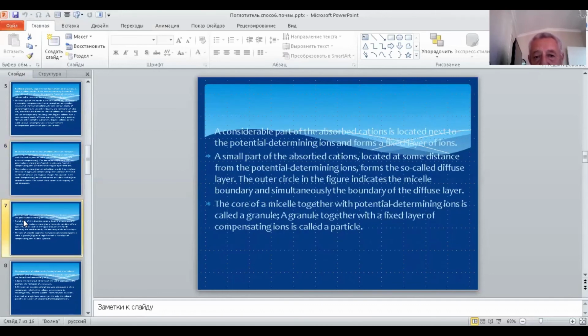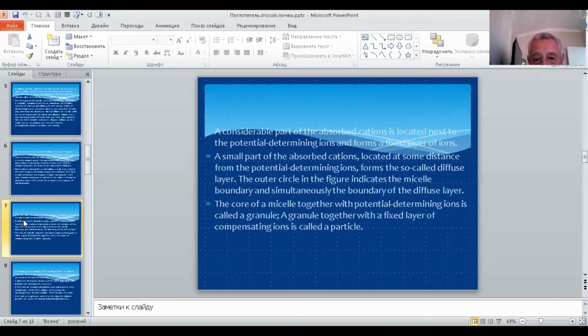A considerable part of the absorbed cations is located next to the potential-determining ions and forms a fixed layer of ions.